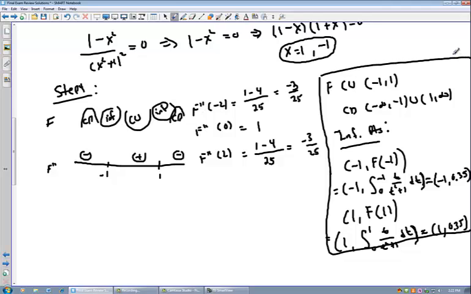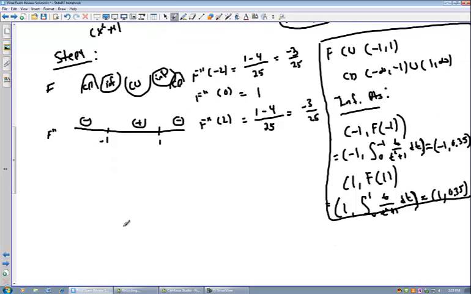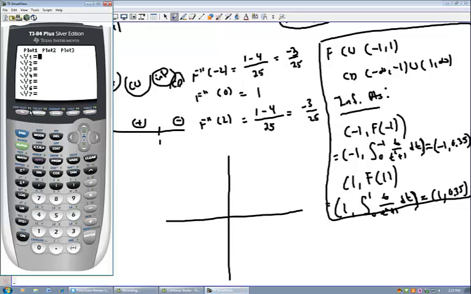So there's that. And then I can do the graph here. For the graph, all I need to do is plot the important points I found. In fact, I can get my graph going on my calculator to check my work. So over here, I can hit y equals and fnInt, and I have x divided by, here's my integrand, right?